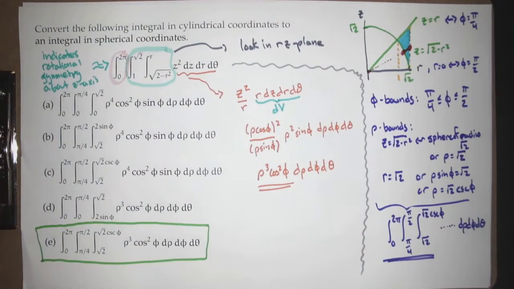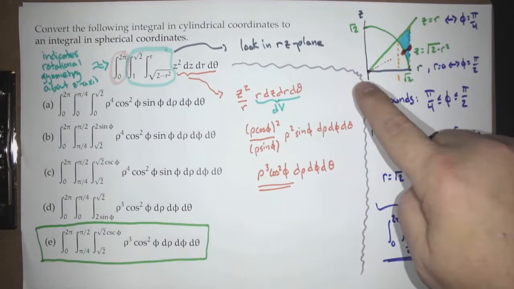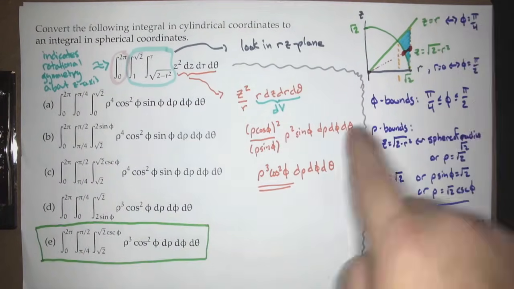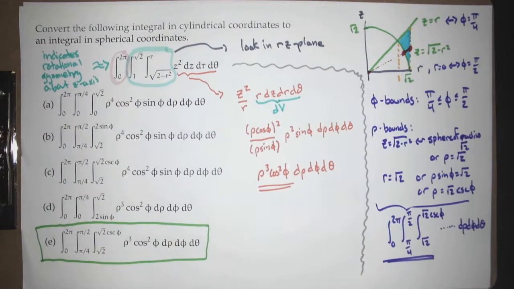Great. Now, to understand what's going on, instead of trying to draw things in 3 dimensions, which is tough, let's look in a slice. So we look in the RZ plane. We see 2 lines: z equals r, which goes straight up, and z equals root 2 minus r squared, which is really a circle.